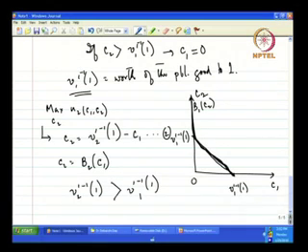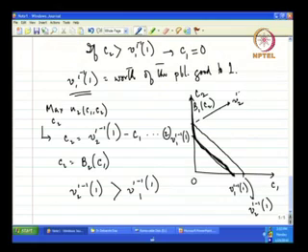So, V2 dashed inverse of 1 is higher than V1 dashed inverse of 1. In that case, suppose this is V2 dashed inverse of 1. And this is again V2 dashed inverse of 1.